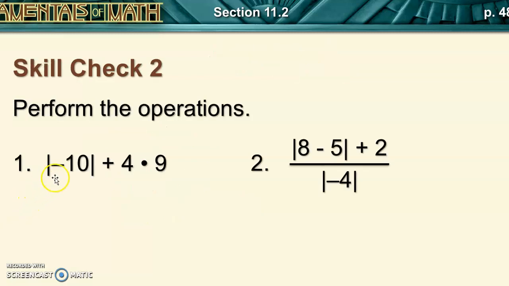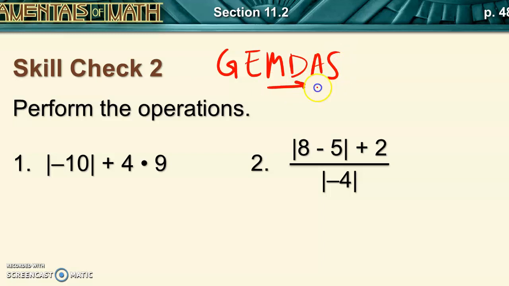Perform the operations. If I had to perform these operations, I need to just start with my order of operations. Before we start, we should always write our order of operations, GEMDAS, with arrows to remind us to go from left to right if we ever have these operations.